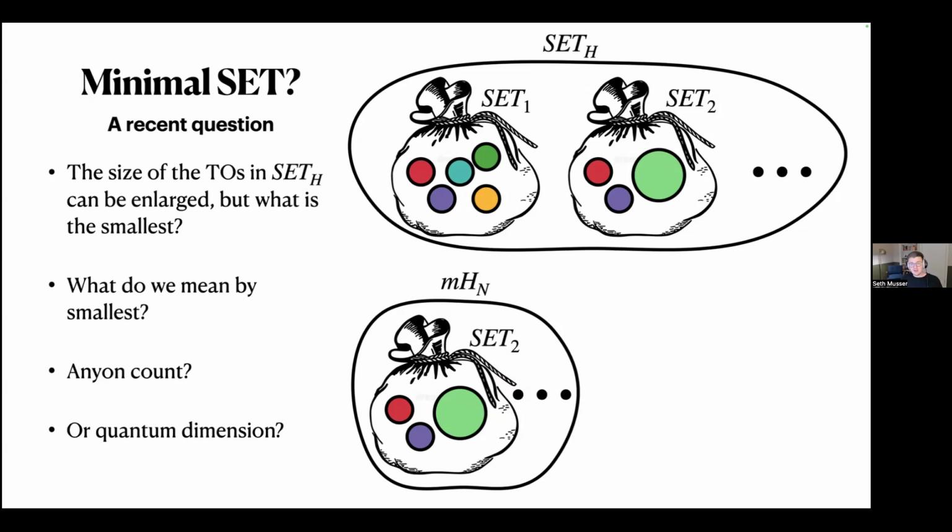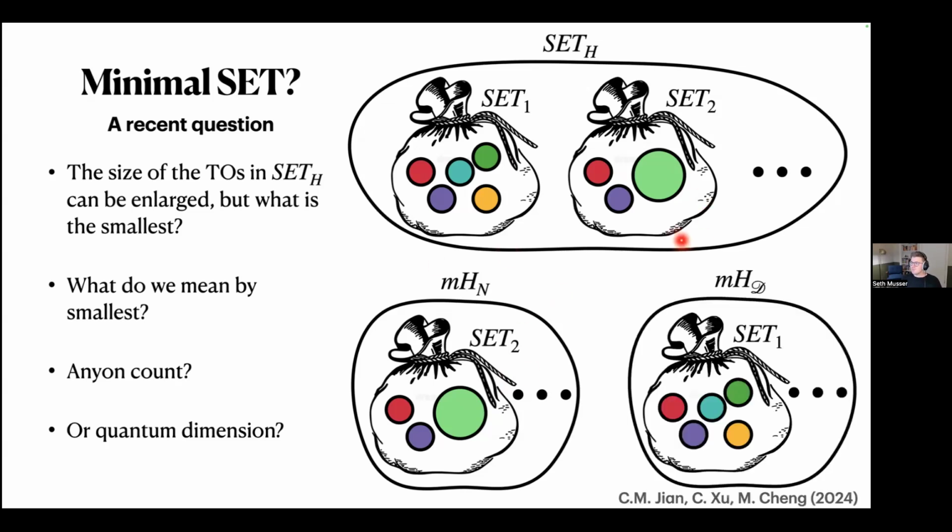On the other hand, you could think about small by quantum dimension. So that's minimal obeying H according to this ordinal ranking of quantum dimension. Then you'll tend to prefer SETs which have a lot of abelian anyons because they have a very small weight. So in some sense, this is the minimal according to the weight of the bag, and this is minimal according to the number of marbles.